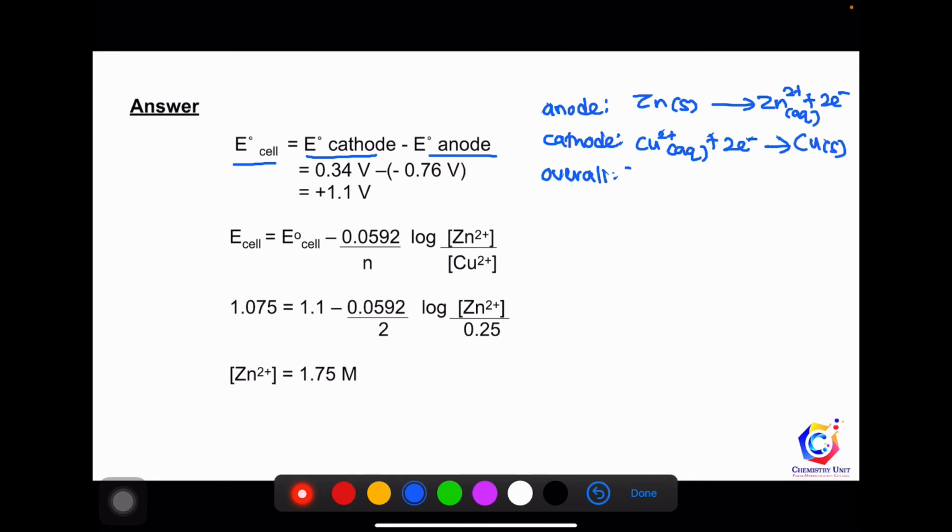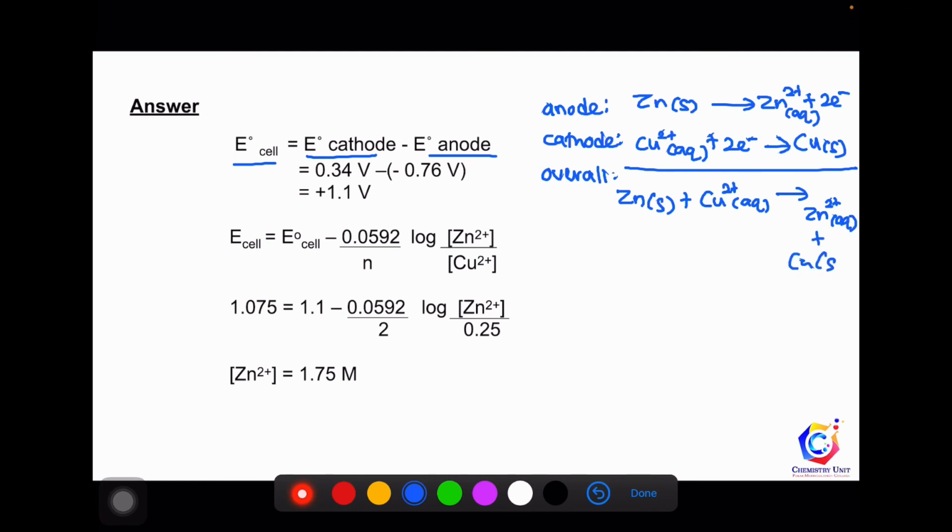And the overall equation would be... now, I was able to write out the overall equation straight away since the electrons on the left hand side and the electrons on the right hand side is balanced.